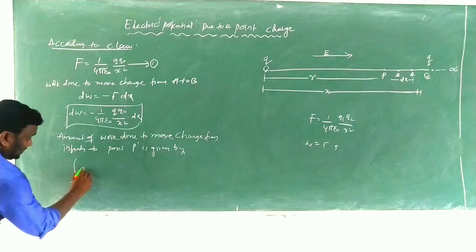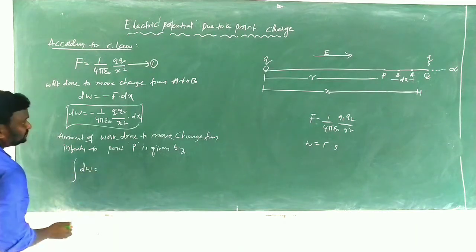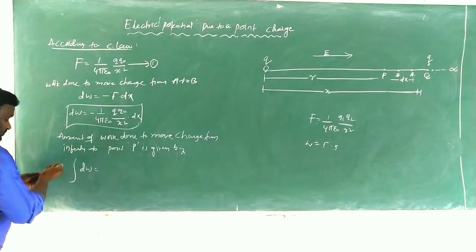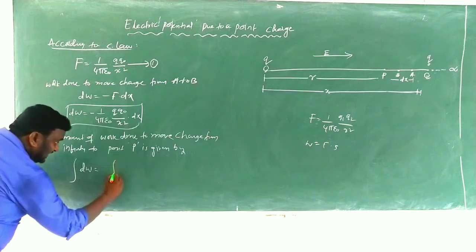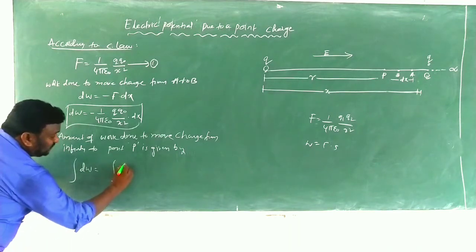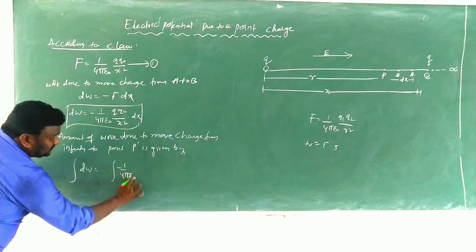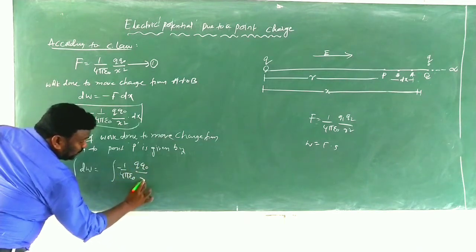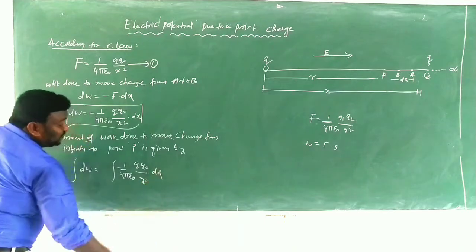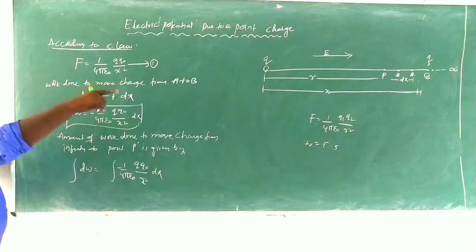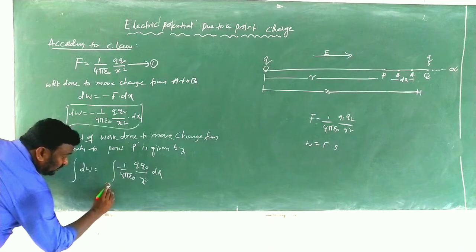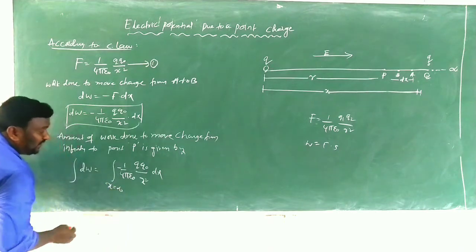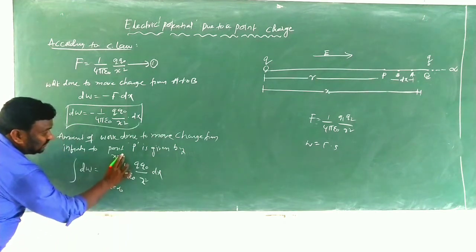Integral dW is equal to integral of minus 1 by 4 pi epsilon naught q naught by x square dx, where we are coming from infinity to the point P. That's why we write the limits x is equal to infinity to x is equal to r.